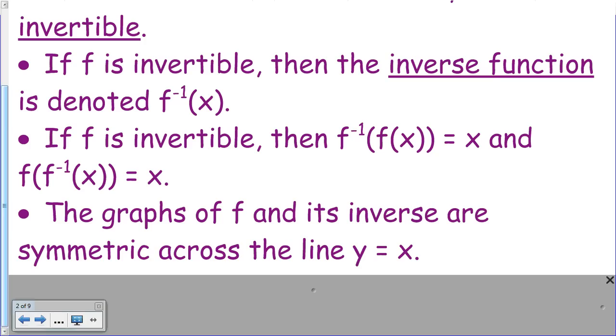In other words, a quick way to sketch the graph of an inverse is to sketch the graph of f, sketch the line y equals x, and then just reflect function f across the line y equals x. It may end up being a function, it may not be a function when you get done sketching that reflection. But whatever you sketch there, that in fact is the inverse. All right, so those are the properties and definitions there of the inverse of a function.